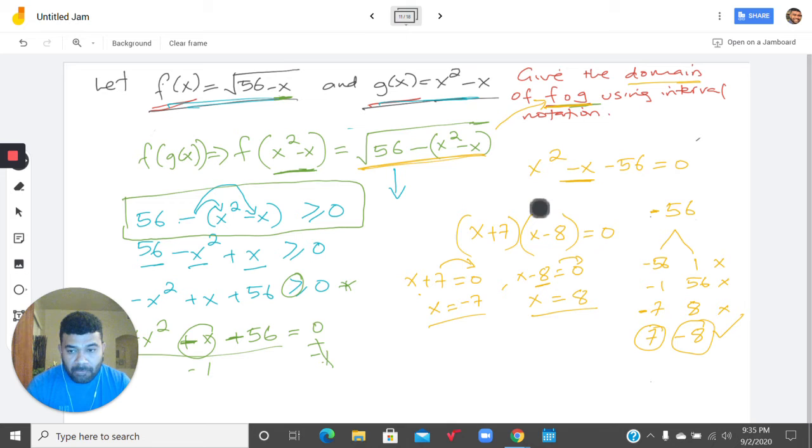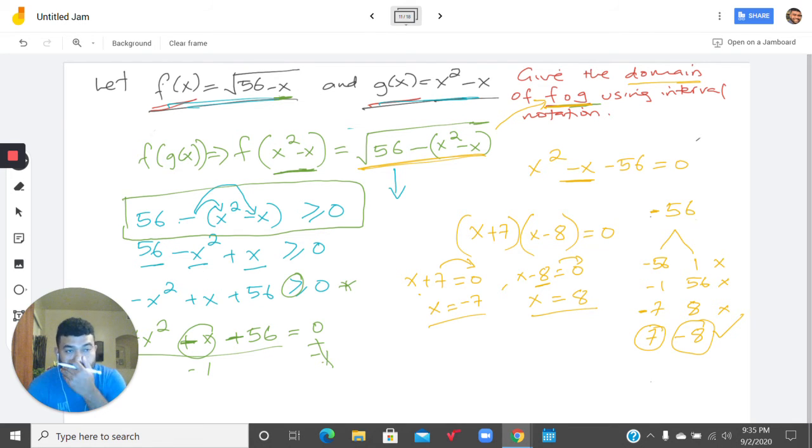Okay, I hope so far so good. Now this is where it gets very interesting, because there are a lot of steps that we need to go through in order to get to the domain itself.